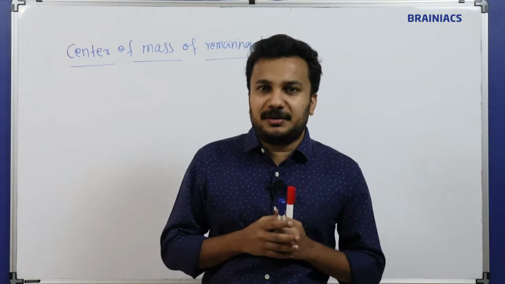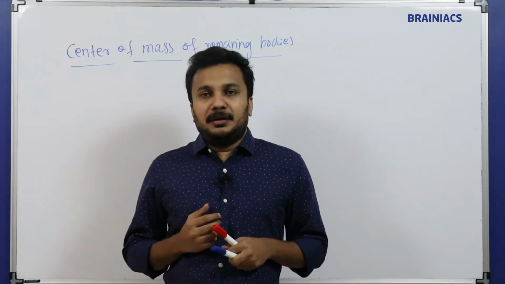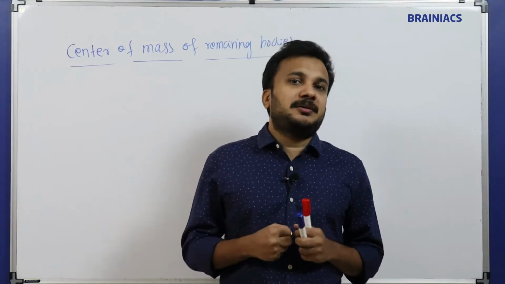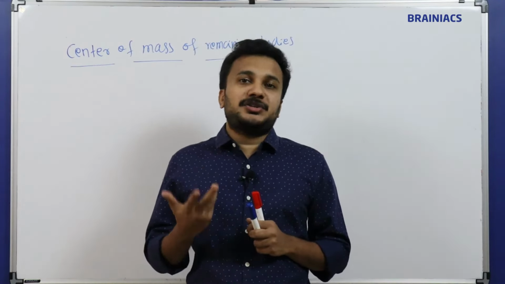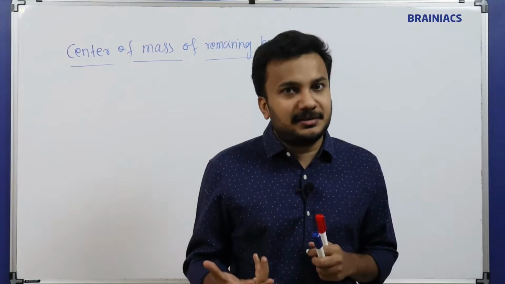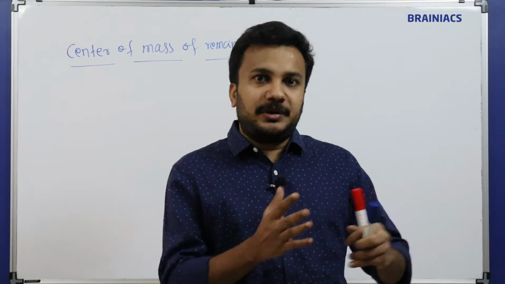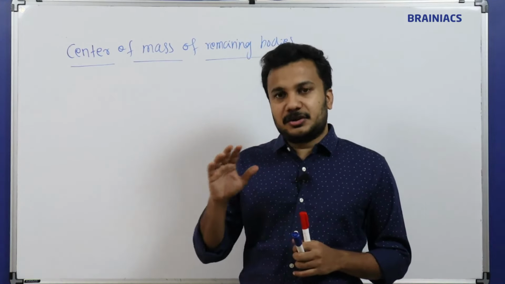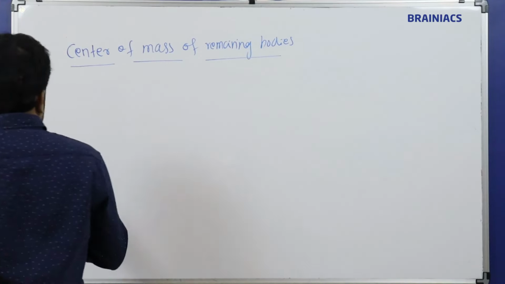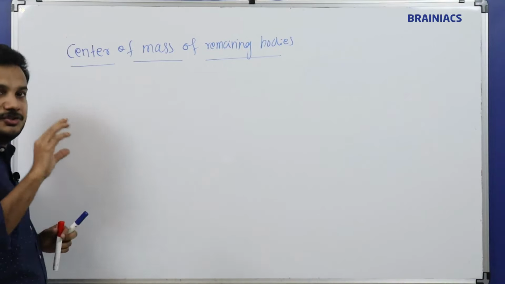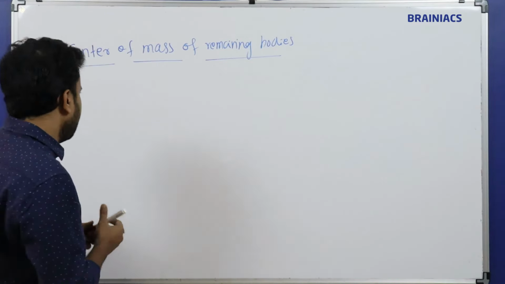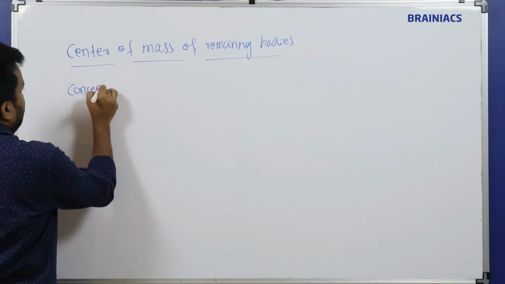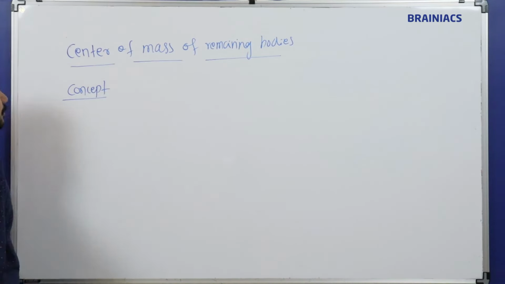But if I cut and remove a certain portion of the sphere, then where will the new center of mass point be? Definitely it is not at the center. Wherever the weight is highest, the center of mass point will be located. So this is the concept behind this. Okay, let's start with a question, and based on the questions we will try to answer it. First let's move to the concepts, then we'll go to the concept-derived problems.